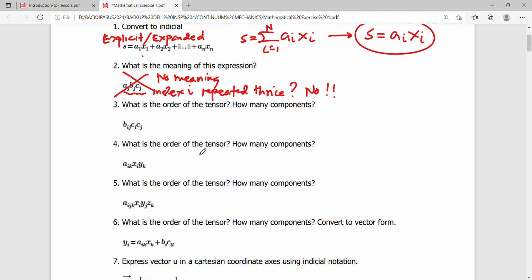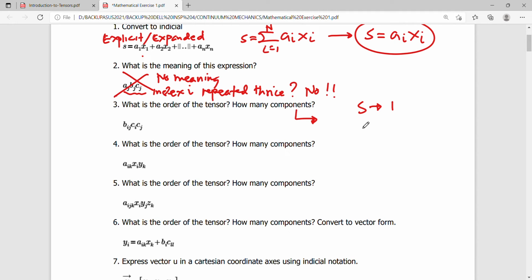So for the third, fourth, fifth, and sixth, we are just asked to simply determine the order of the tensor and how many components there are. When we are referring to components, we simply refer to the number of vectorial or tensorial quantities inserted into the expression. So we say that your scalar function has one component.